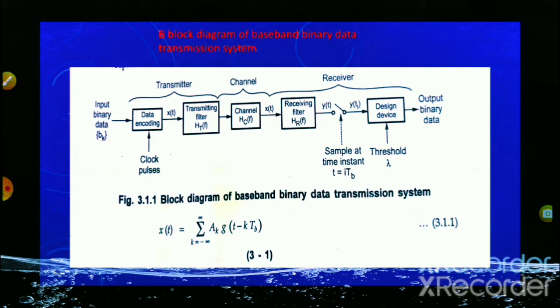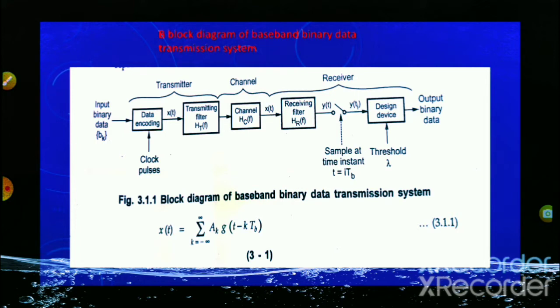One of the baseband systems for transmission of digital data is a discrete pulse amplitude modulation. In this discrete PAM, the amplitude of the pulses varies in a discrete manner according to the input binary data. The discrete PAM has only two amplitude levels corresponding to binary 1 and 0.